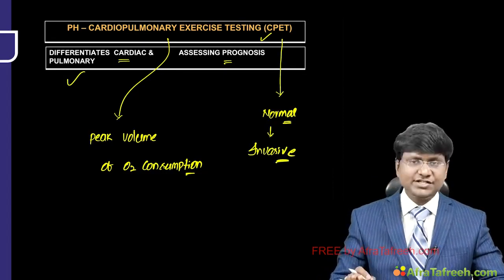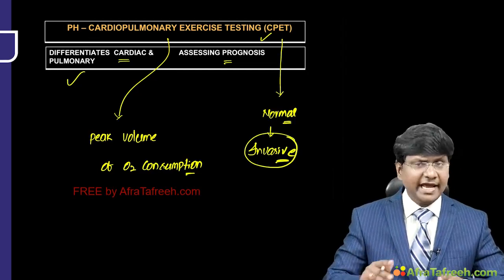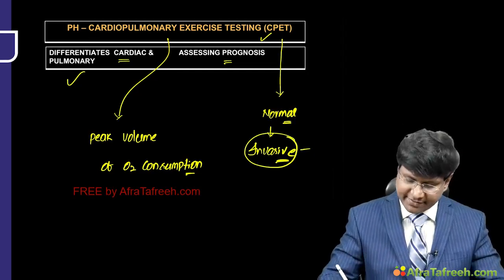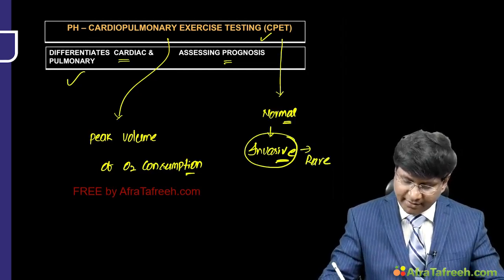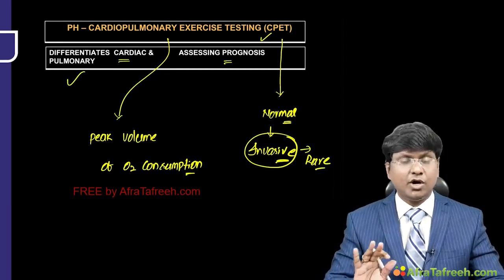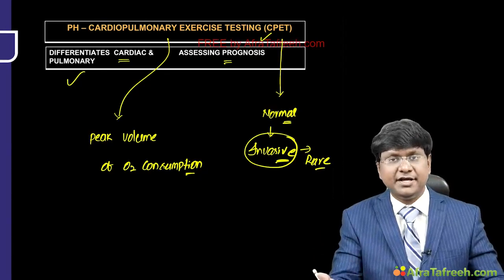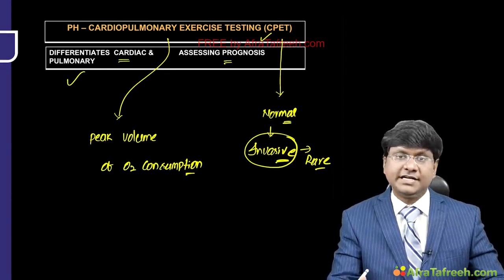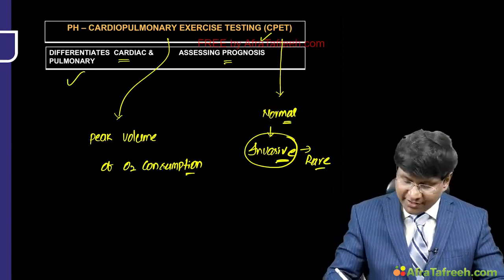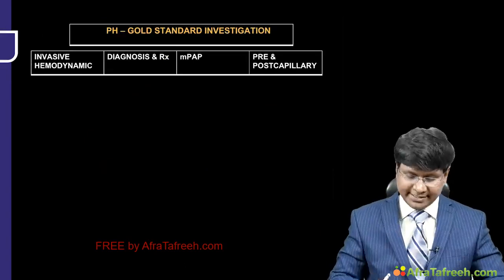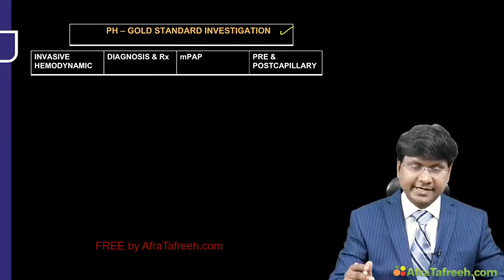Okay, so invasive approach, again, it is not every time required. This invasive approach is rarely required, not always, because we have many other investigations to make out whether it is pulmonary or the cardiac cause for the development of pulmonary hypertension.